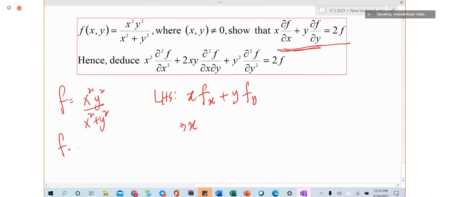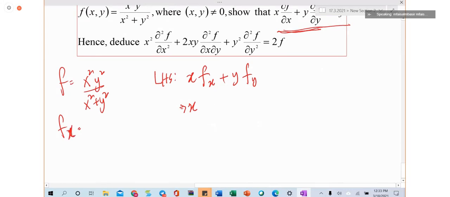So your fx will be, I have to do the quotient rule, right? So I copy whatever is at the bottom times the derivative of the top, which gives 2xy squared. Then copy the top times the derivative of the bottom with respect to x.